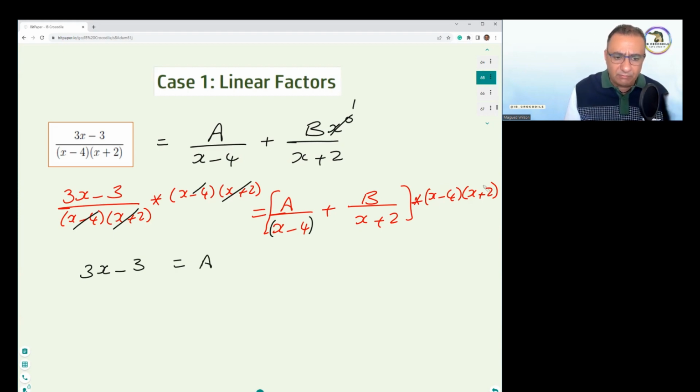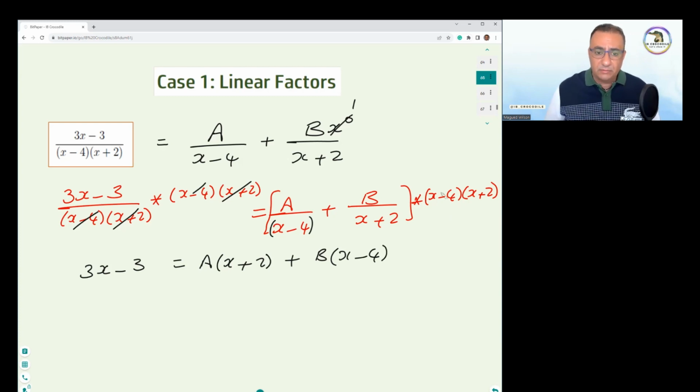Then b multiplied by x plus 2 will cancel there, as if you just multiply inside the brackets, so b is left with x minus 4 being multiplied. That step is very important: you multiply both sides by the original denominator.